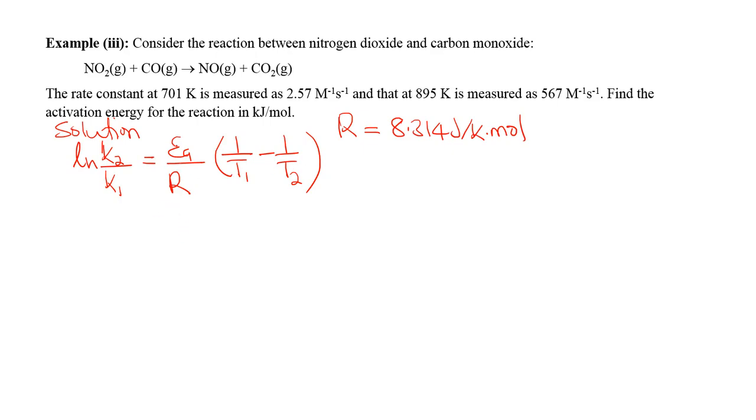So here we want to find the EA. What are we given? We are given T1, and we are also given T2.